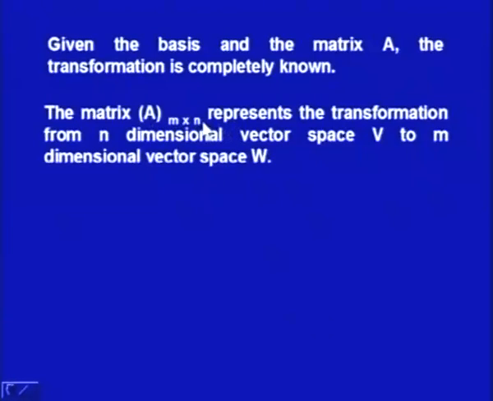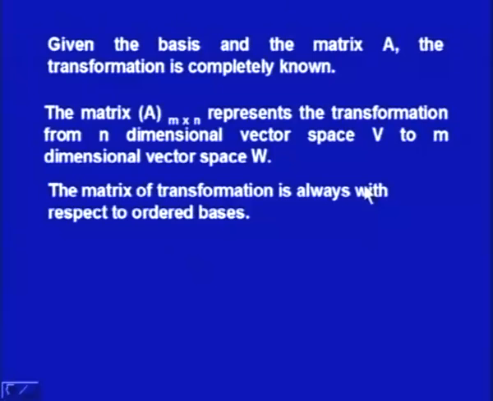Why? Because we have n vectors, so we are going to have n columns, and in each column there will be m entries, so we have m rows and n columns. So this represents a transformation from an n dimensional vector space V to an m dimensional vector space W.